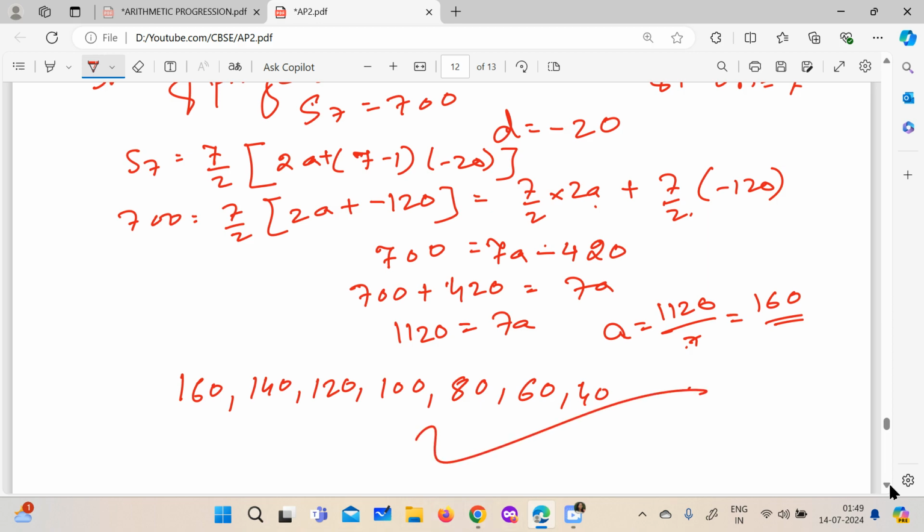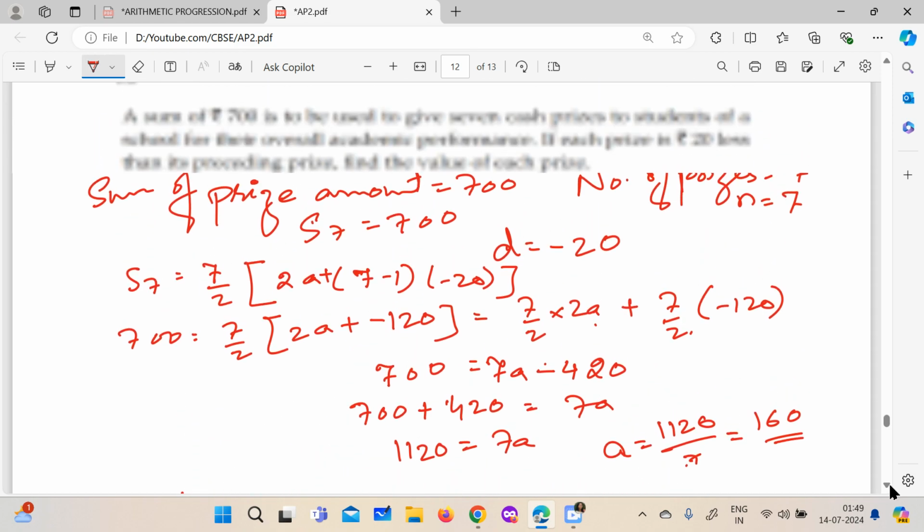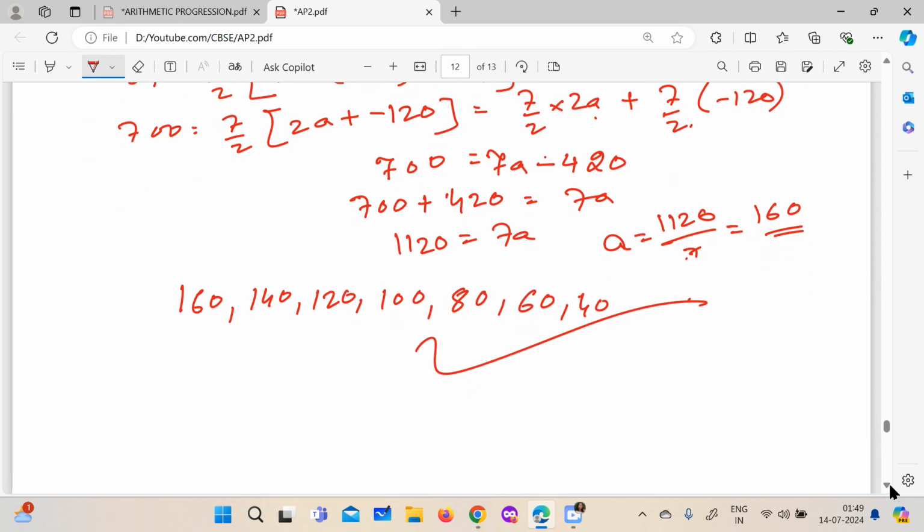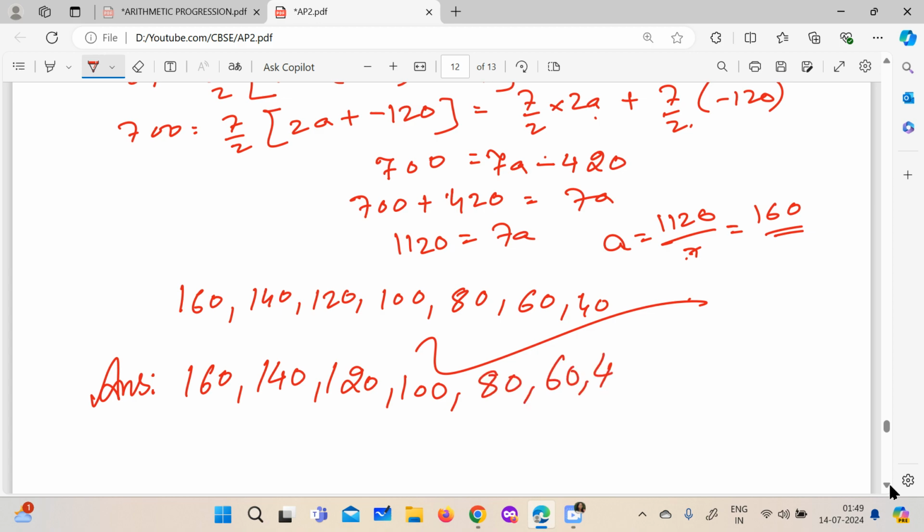So this is correct. This is the value of each prize. So answer will be 160, 140, 120, 100, 80, 60, and 40. So I hope this is clear to everyone.